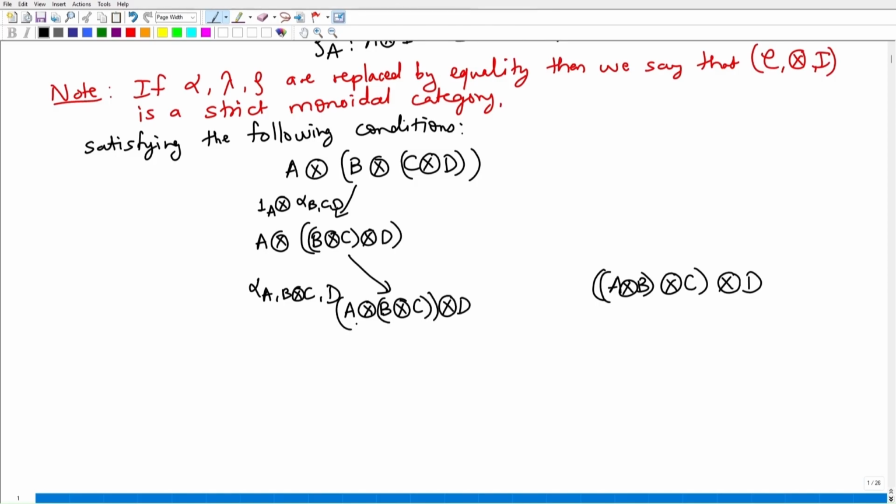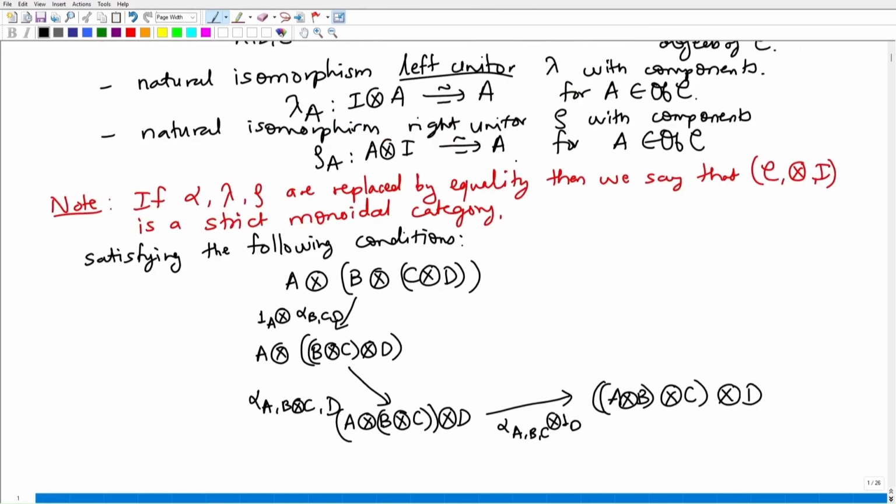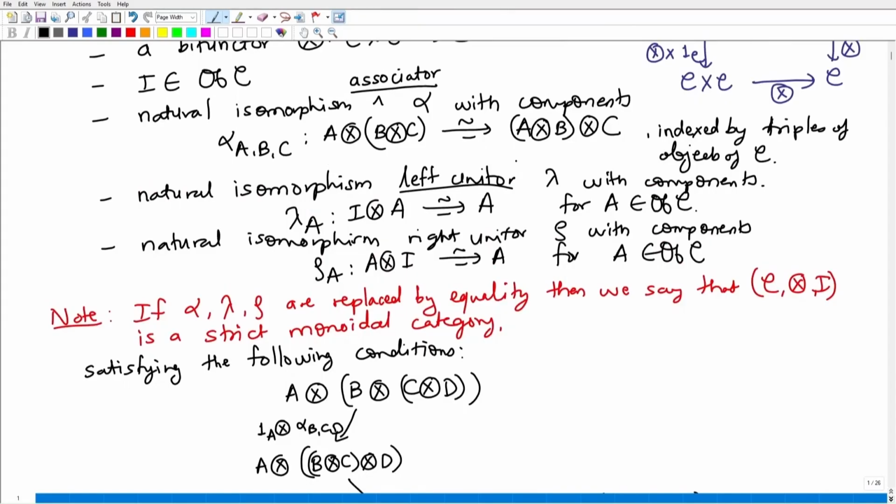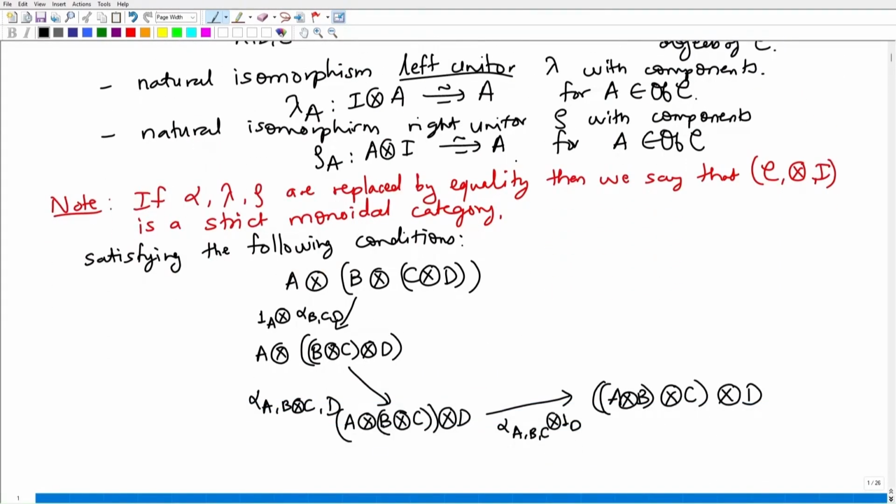And from here, can we go there? Alpha A comma B comma C tensor 1 sub D. Very good. And there is another way, obviously. Inverses involved? Which inverses? Like the first morphism should be alpha inverse. I think the three of these are alpha inverses. No, they are all alphas, as alpha is bringing the parentheses to the front.